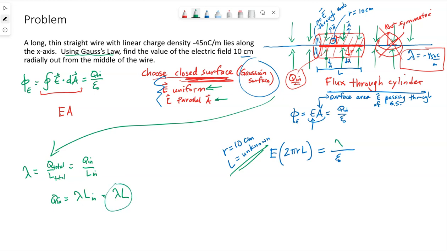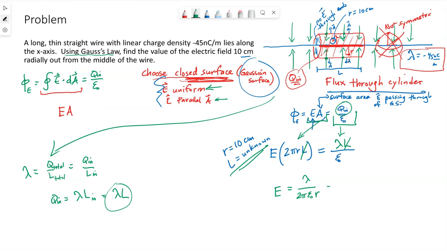I'm going to go ahead and put lambda L over here on the right side in for Qn. So now I'm equating E times A for flux to Qn over epsilon naught for flux. Both equations represent the flux through the cylinder, and so they must equal each other. Notice L cancels here. That's why the length of this Gaussian surface I chose to draw is not important.